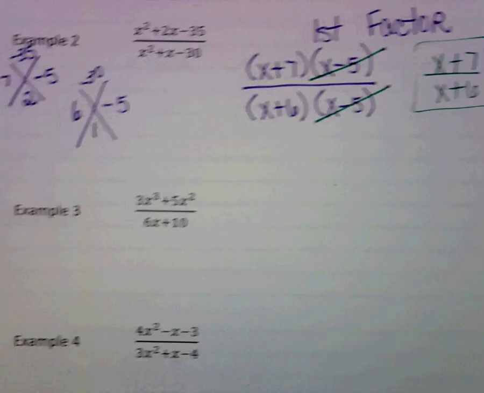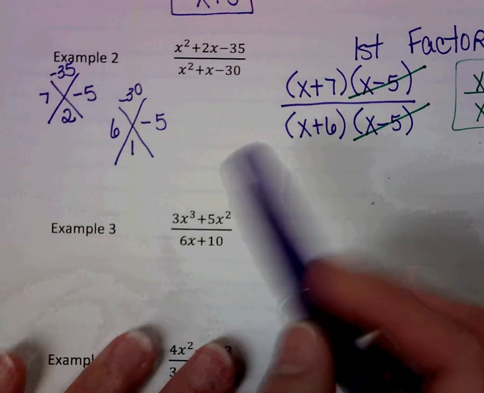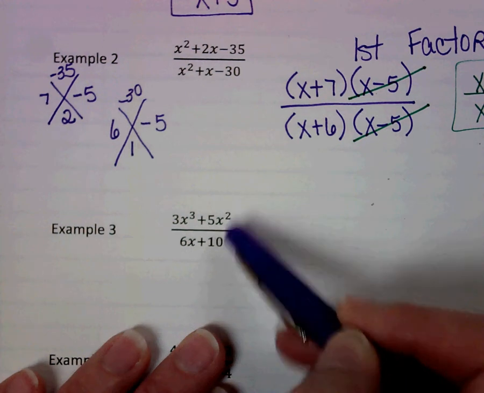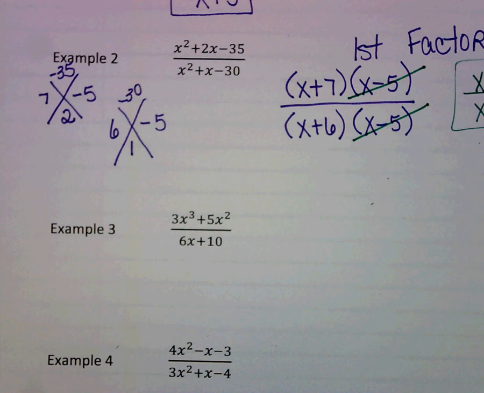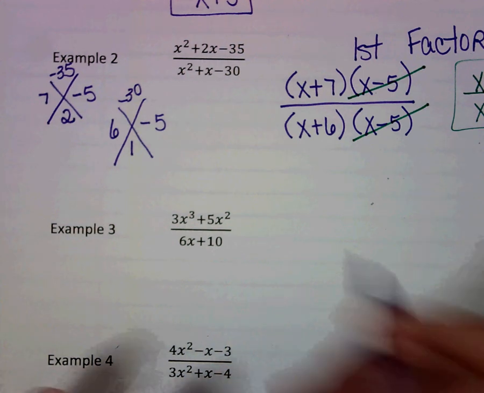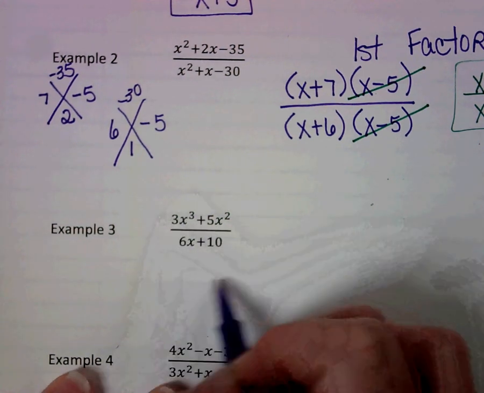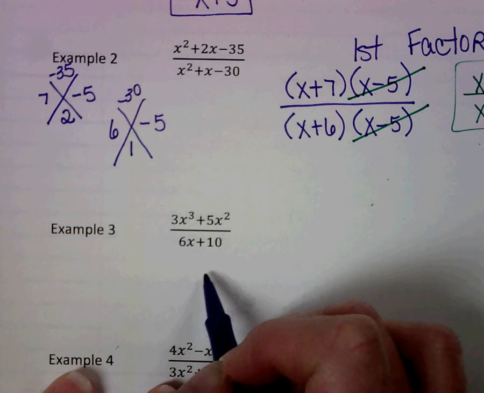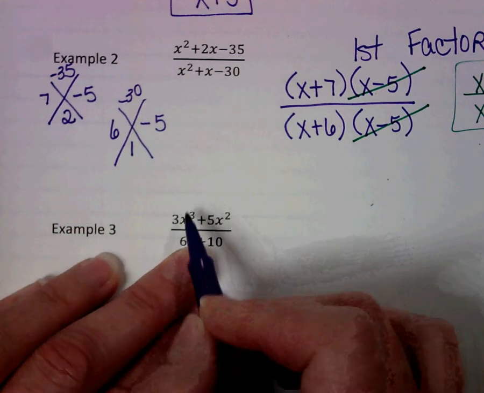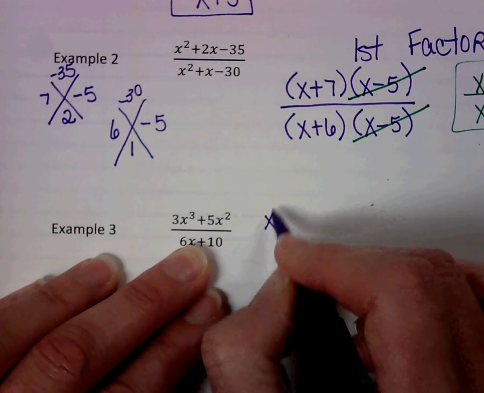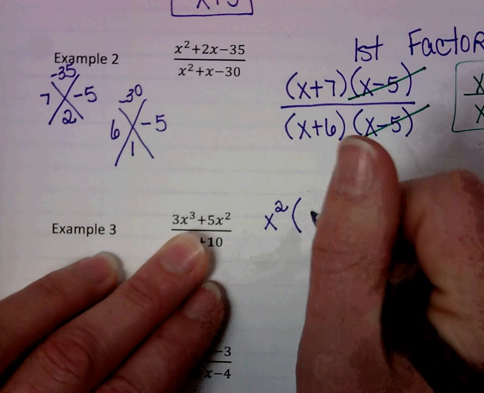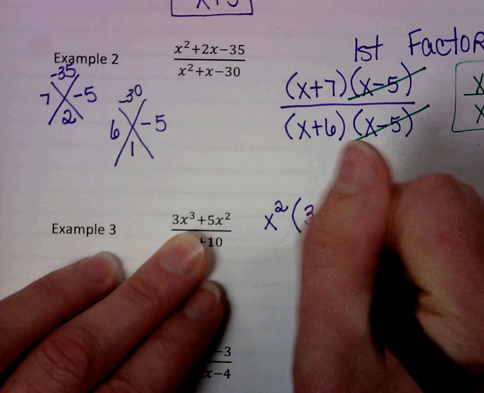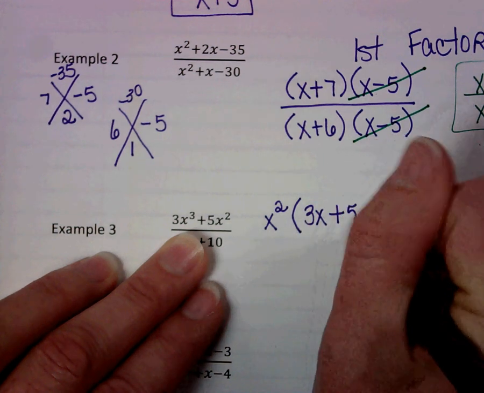Okay, and the next example, example 3. This time we have two binomials. So we have to think back to our rules on how to factor binomials. First thing we're going to look for, any time, is we need to look for our GCF. In our numerator, I have a GCF of x squared. And if I divide out an x squared from each of those terms, I'm left with 3x plus 5.